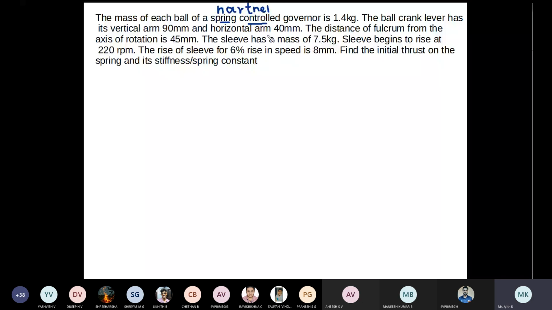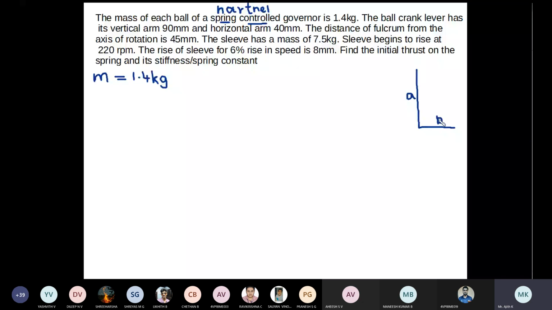Mass of ball, that is small letter m, is 1.4 kg. Ball crank lever has its vertical arm 90 mm and horizontal arm 40 mm. So I already told you, Hartnell governor will have two arms, one vertical arm and one horizontal arm.